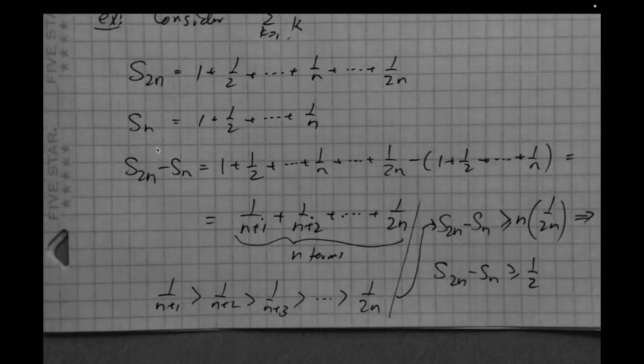Now, that's obviously not a Cauchy sequence because n is just an arbitrary index. No matter how far out I go, you're always going to have these gaps that are greater than or equal to 1/2. A Cauchy sequence, the terms have to get closer and closer together. In this case, the terms don't. So this is obviously not a Cauchy sequence, and so the series does not converge.